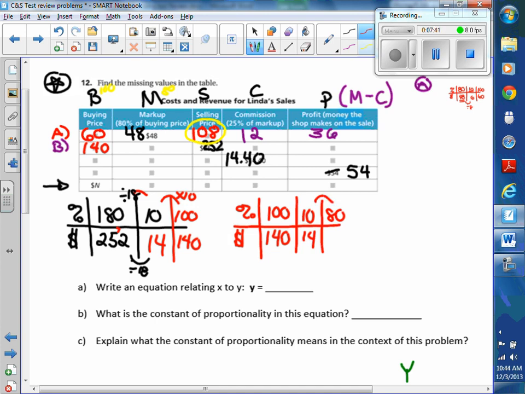I'm going to multiply by 8. So 8 times 10 is 80. 8 times 4 is 32. So what's that add up to? 112 dollars. So that's our markup.